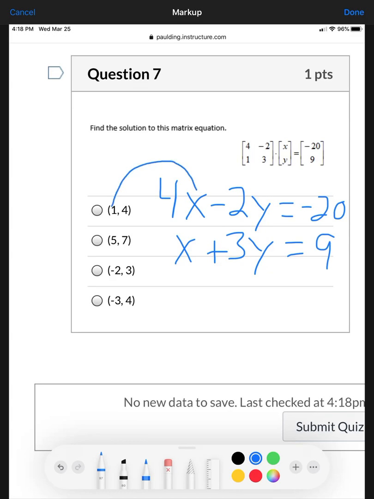Replace X with 1, replace Y with 4. Does that equal negative 20? Okay, if so, let's keep working. The second equation, replace X with 1, replace Y with 4. Does that equal 9? If the answer is yes to all that, then there's our answer. If it's no, then we'll do the other one. So I think plugging in the points is an easy way to do this one.